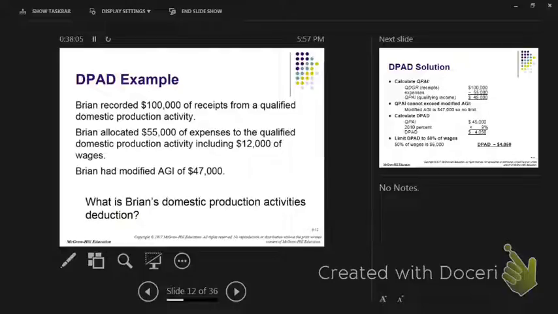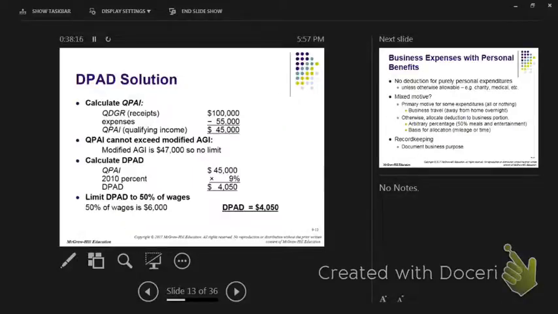So then we take that $45,000 and multiply it times 9%, because that's our QPAI, and that's going to give us our DPAD, our domestic production deduction, which is $4,050, which means that's what we can deduct. It did not go above 50% of wages.